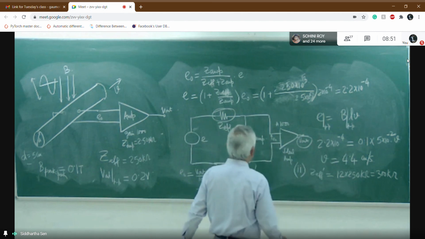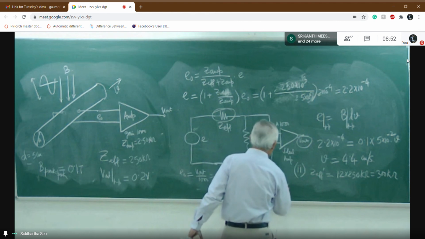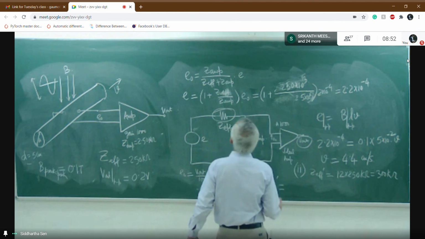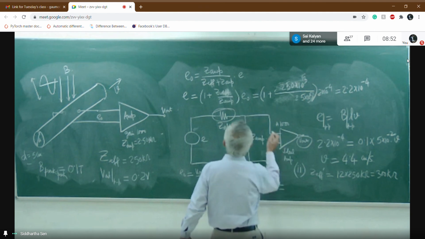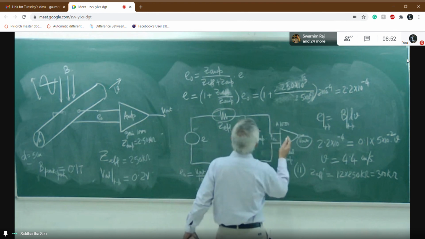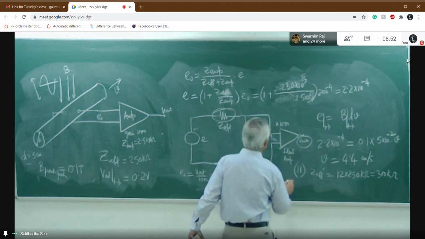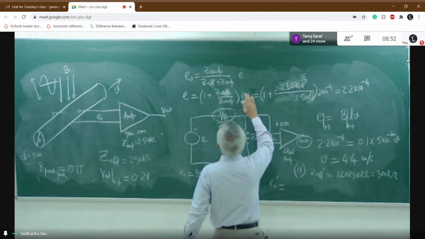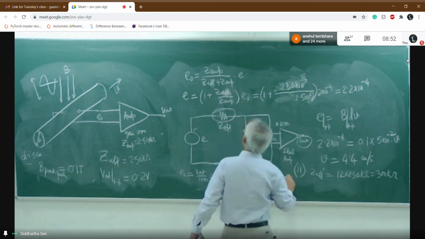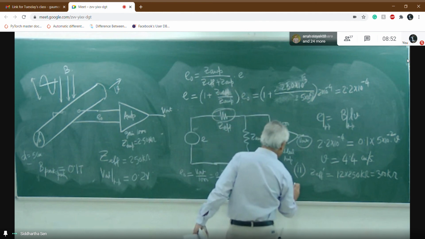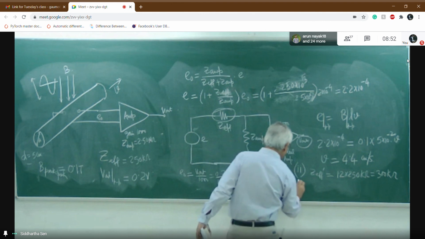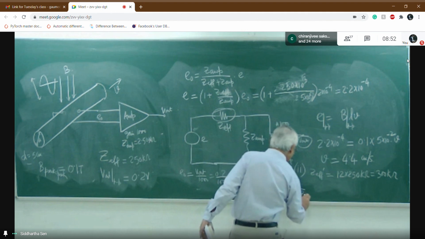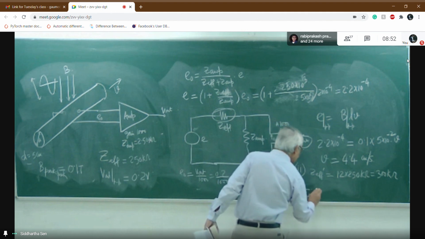So what we get is that E0 dashed is equal to E into Z amplifier by Z effluent dashed plus Z amplifier.